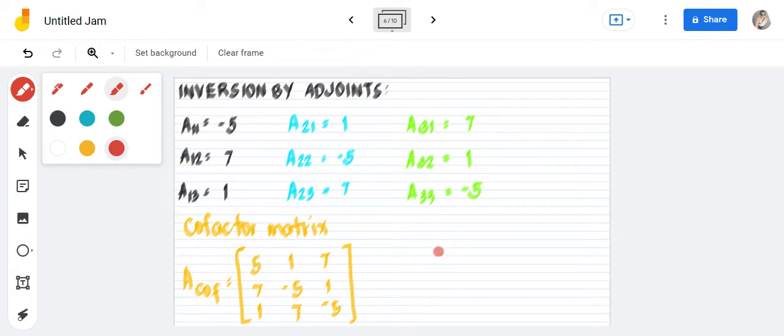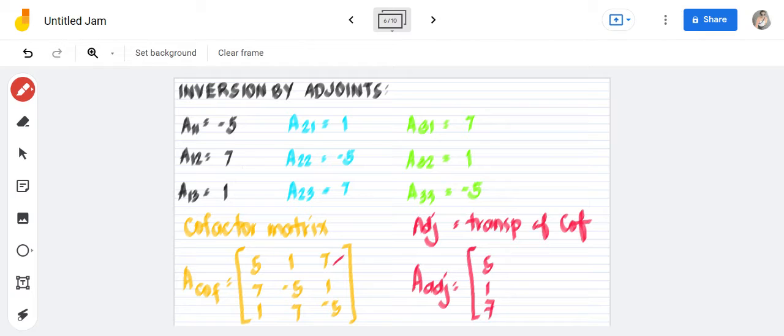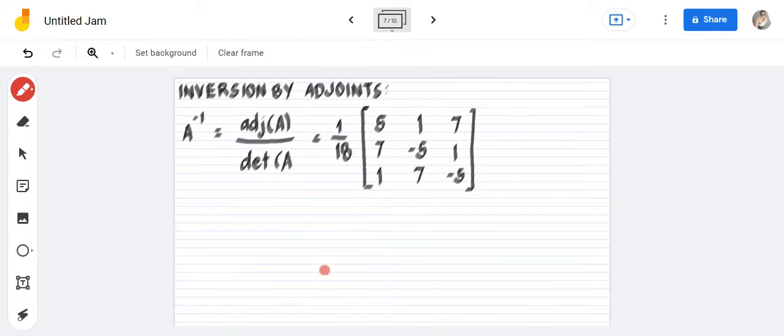And as our definition of adjoint is simply the transpose of your cofactor matrix, the adjoint now will be this, where the rows become columns: the first column, the second column, and the third column 1, 7, negative 5.